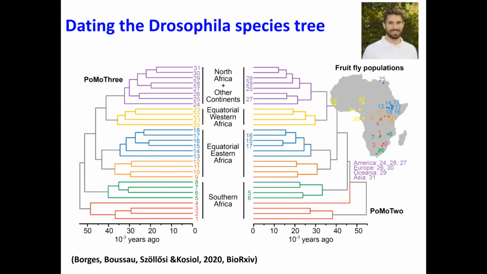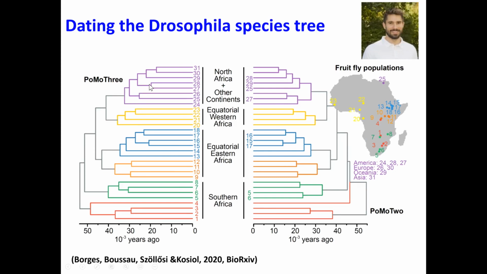So to summarize, this is real data. It's Drosophila species, 31 populations, and we inferred the trees. Between POMO3, which allows for selection, and POMO2, which is just neutral evolution with drift, the branch lengths are slightly longer.